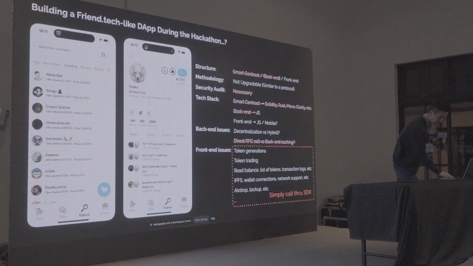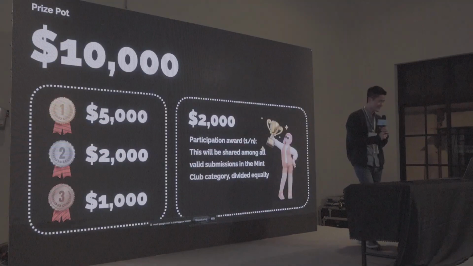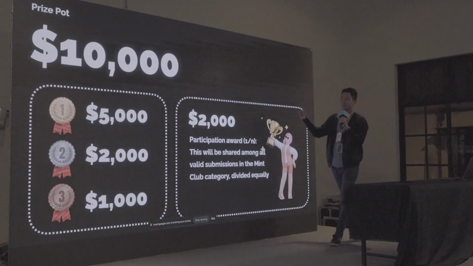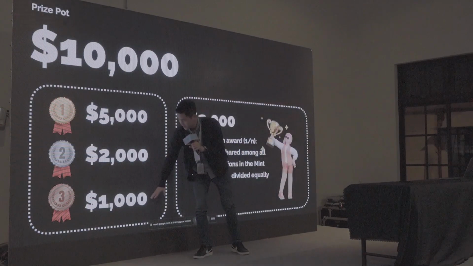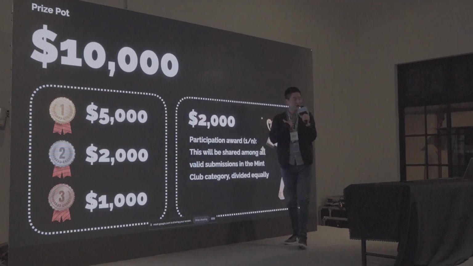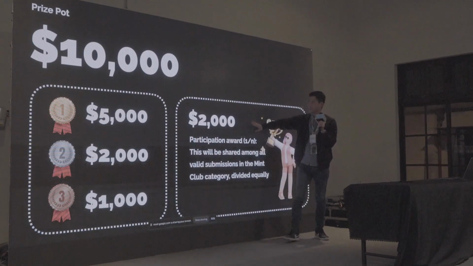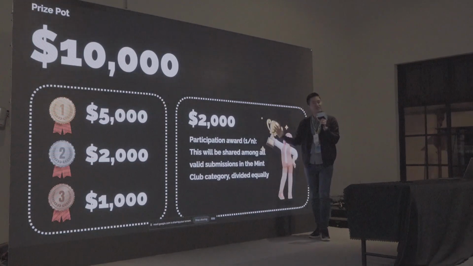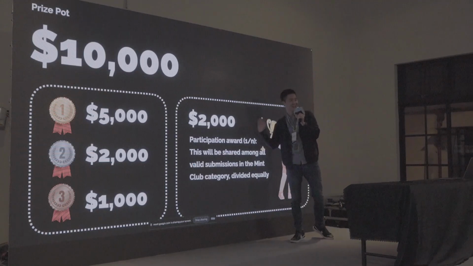All right, I'm almost running out of time, so I'll quickly get to the prize part. We prepared 10K total. First prize 5,000, second 3,000, third 1,000 in USDT, not our token, no worry, USDT. And there's another prize pot of $2,000. Anyone who has a valid submission to the Mint Club category will share it.